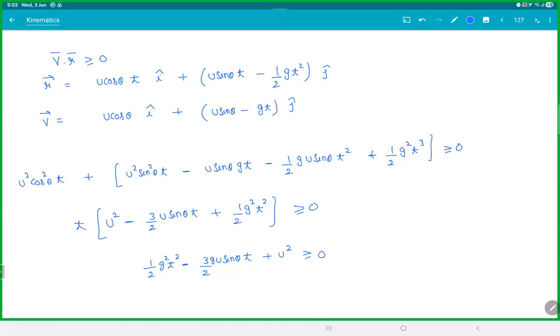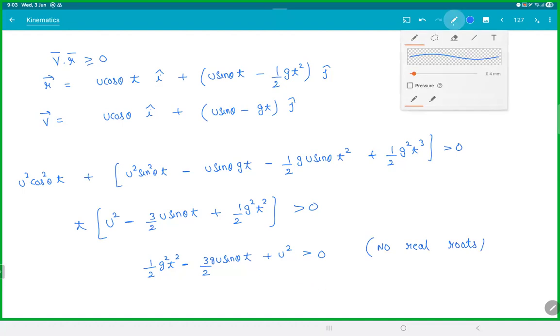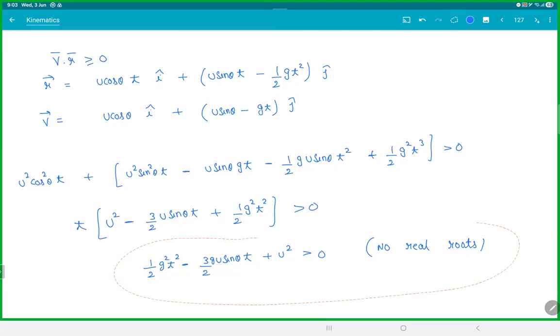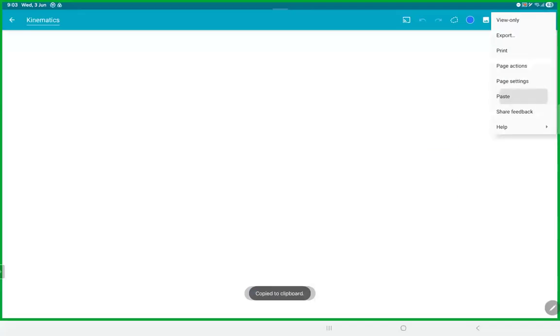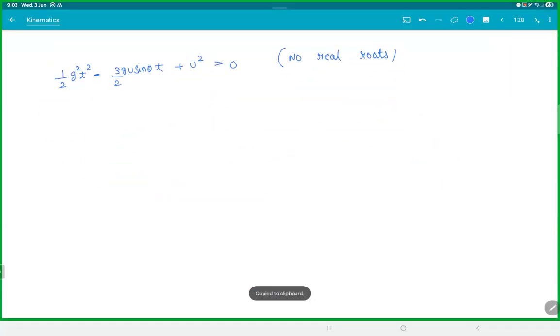Now look at this thing. You're saying this is greater than 0 or equal to 0, let's take the greater than 0 condition. That means there are no real roots. So the discriminant delta, which is b square minus 4ac, as long as this equation has no real roots, that means it never becomes 0.